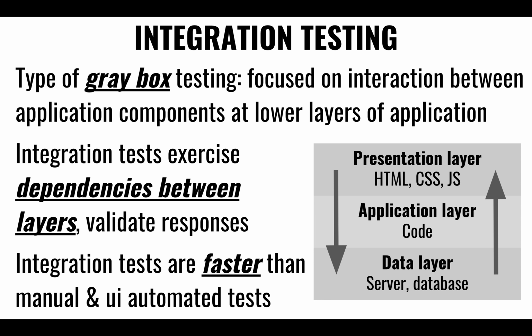In gray box testing, we would automate the interaction. In our particular case, because it's web, we would be interacting with the DOM and seeing how that propagates across the middle tier. The middle tier perhaps responding with some JSON object, or going down to the data layer and inserting or updating or deleting a particular row in a table.